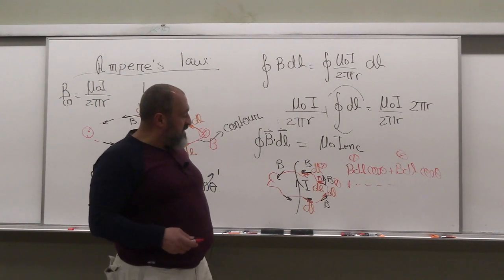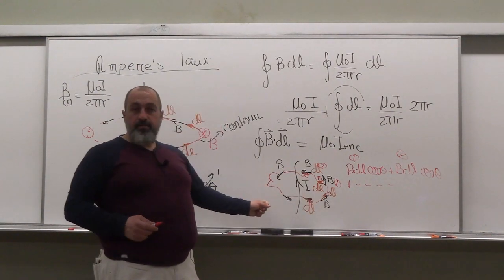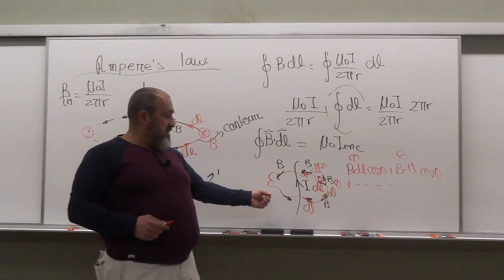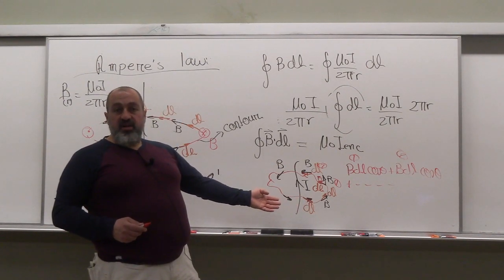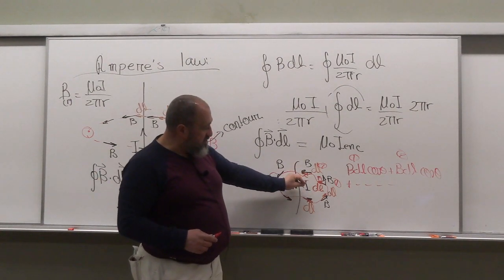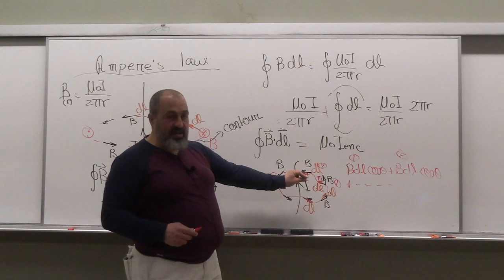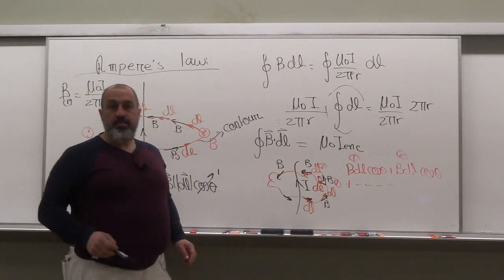If I were to calculate the sum of B dl cos theta all over the contour, which is in effect taking the integral of B dl cos theta over the contour, and add all these bits up, I will end up with mu naught I enclosed.